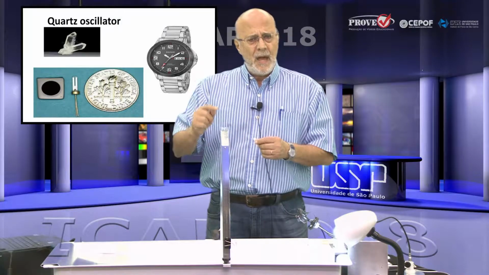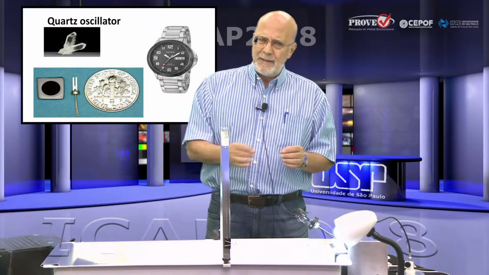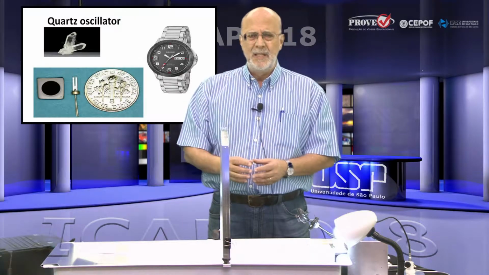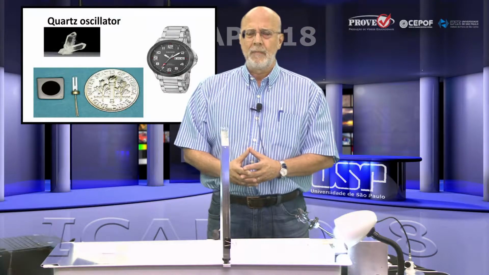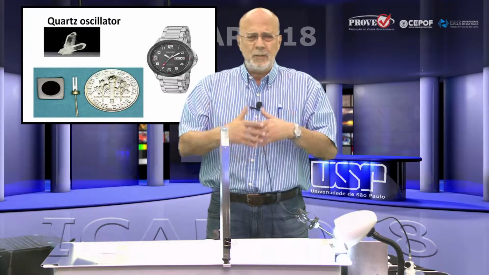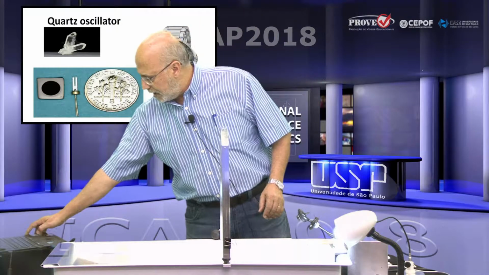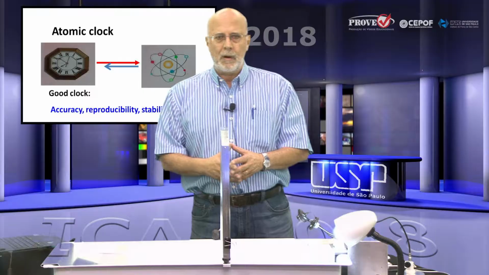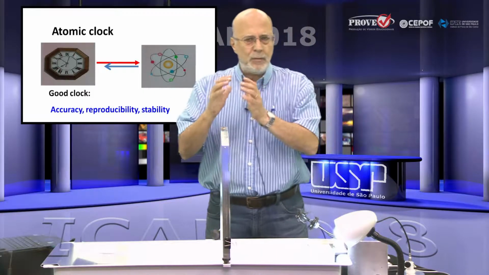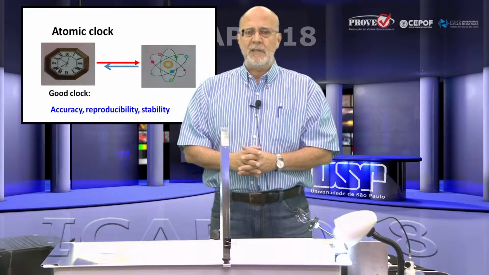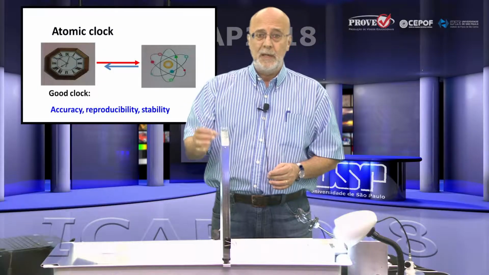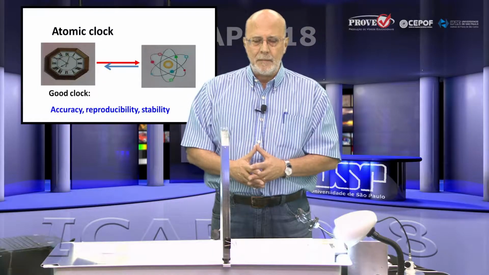And they have a specific frequency of excitation. They are like pendulums or spring and mass with very high precision. And then this whole thing evolved to the idea of the atomic clock. The oscillator that we're going to use as a reference now, instead of the spring and the mass, is an atom.